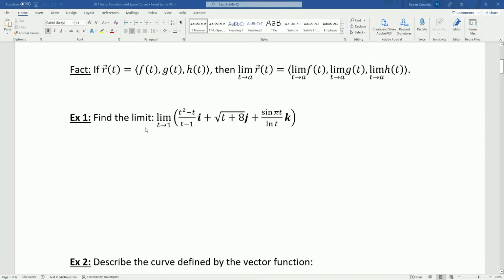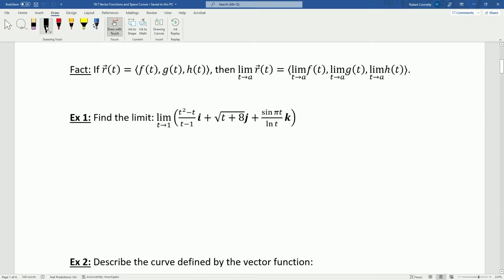So let's go ahead and calculate this limit. So this should be the limit as t goes to 1. Well, actually, that's fine. We'll just write this now, and then we'll recondense everything, do some work off to the side.